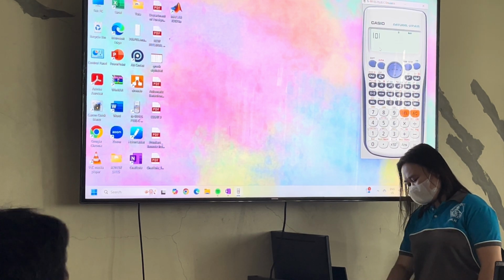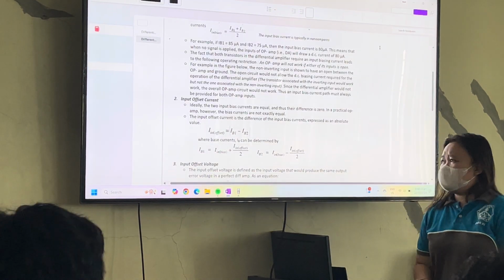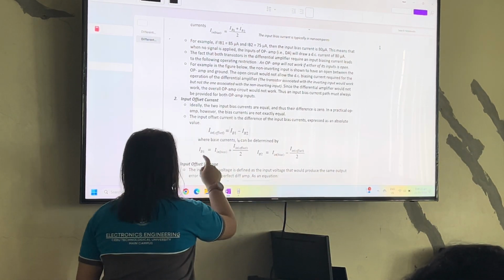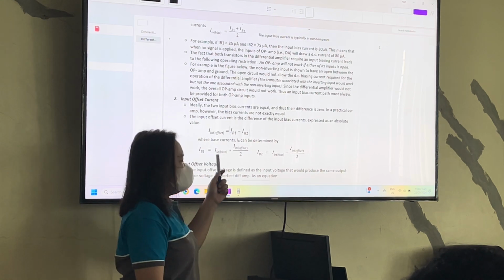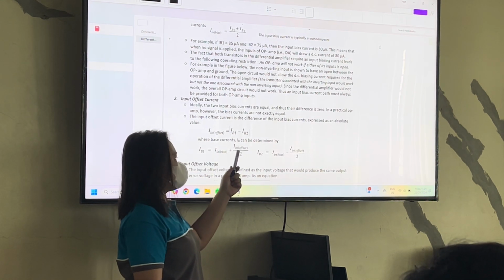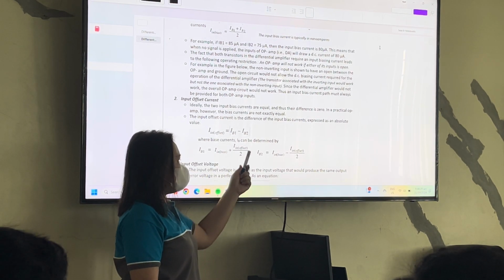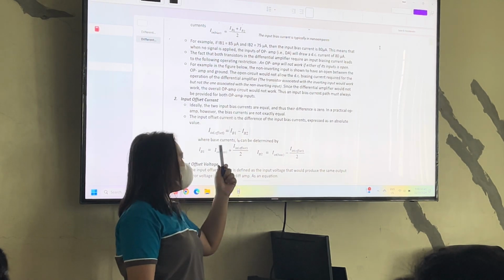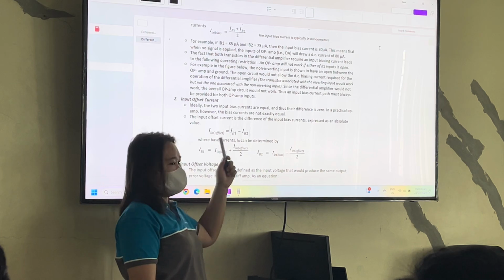Next, our base current. Assuming IB1 is greater than our IB2, IB1 is plus and IB2 is minus.